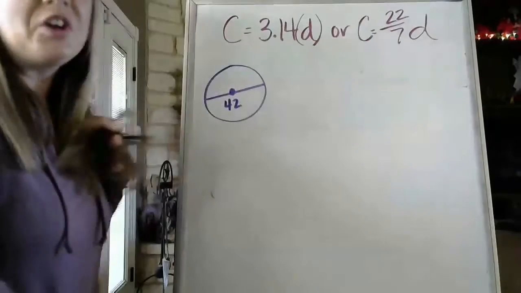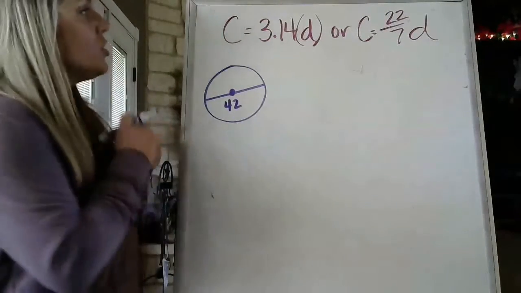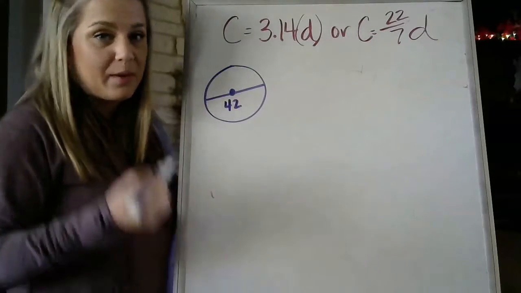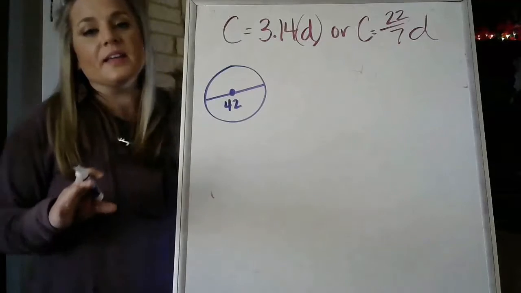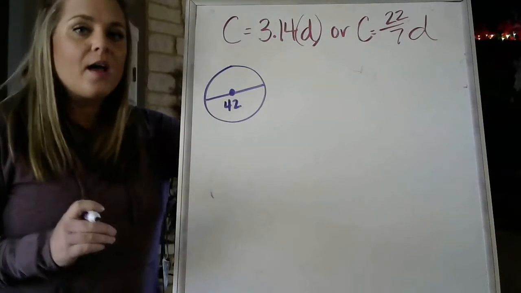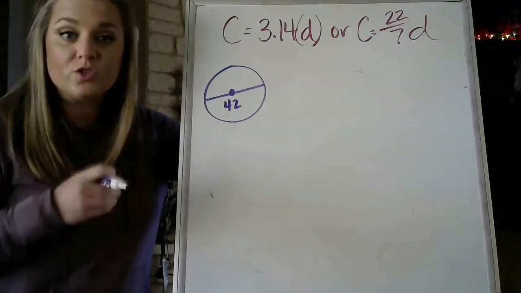Okay, guys, so now we're going to find the circumference. You need to know the formulas. You can find the circumference by doing pi, and they round it because, I will tell you this, it probably doesn't mean a whole lot to you right now, but next year my 7th grade honors students and my 8th graders really struggled with this.